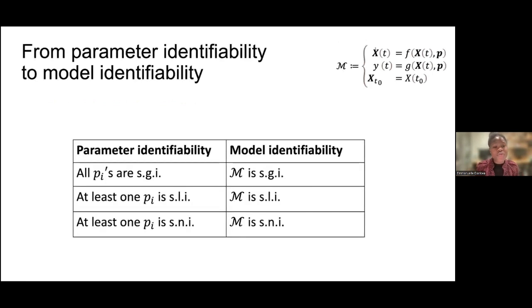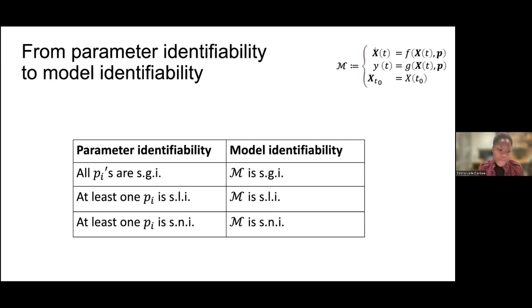And before we move on to methods for testing identifiability, because I'm sure that's the question on your mind, like how do I make sure my models are identifiable so that I'm not having inaccurate parameter inferences? Before we look at those methods, I think it's important to establish the relationship between parameter identifiability and model identifiability.